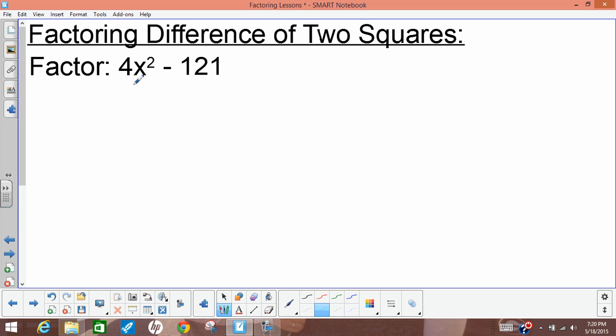So in this case, we're going to have two sets of parentheses again, and we're going to start with the square root of a, so the square root of 4, which is 2, with an x in both. In the difference of two squares, one is going to get a plus, one is going to get a minus, and then the square root of 121 is 11.